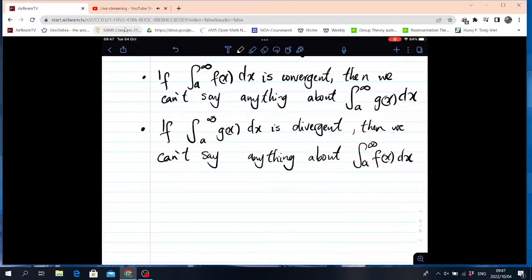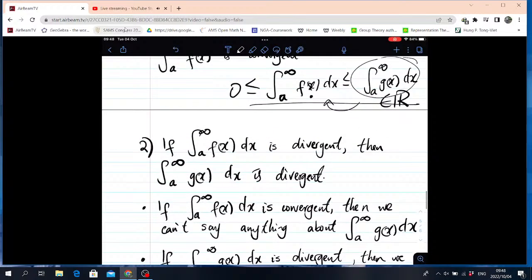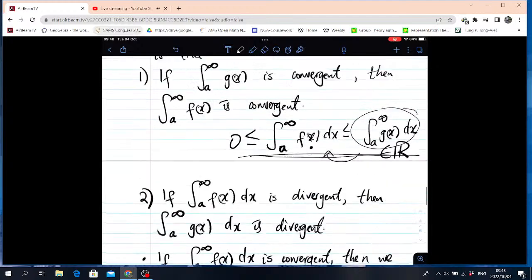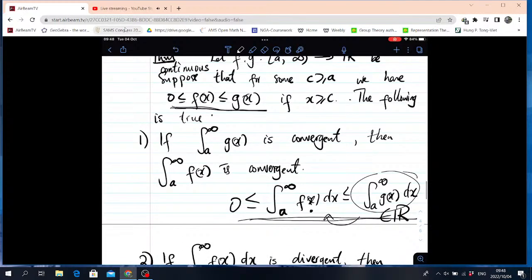So this is just to guide us such that when we are trying to find appropriate functions, we know the type of function that we want to get. If you create a system where this happens and you know that the integral of this is divergent, then you can't say anything about f of x, right? So you would need something better than what you would have chosen there.